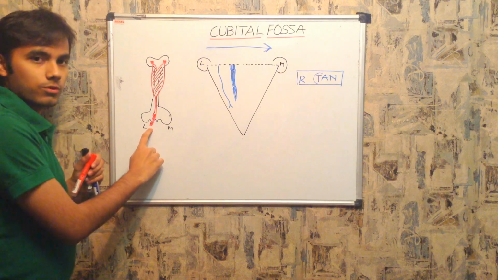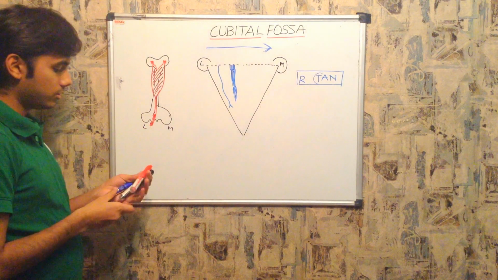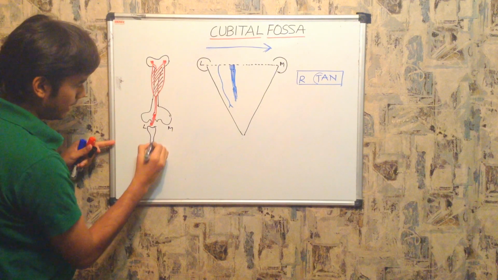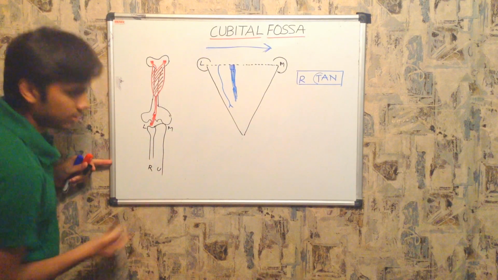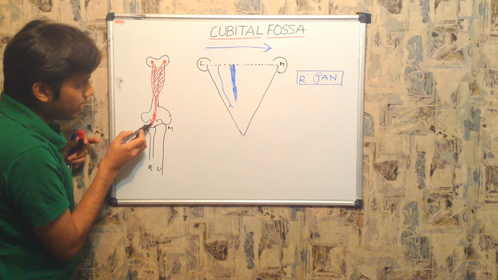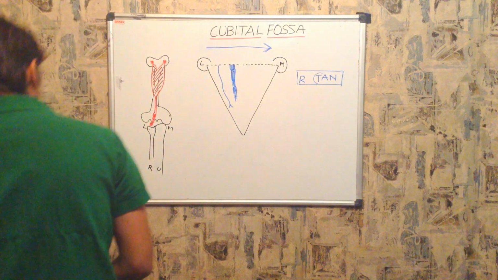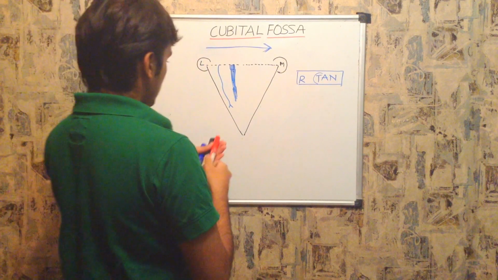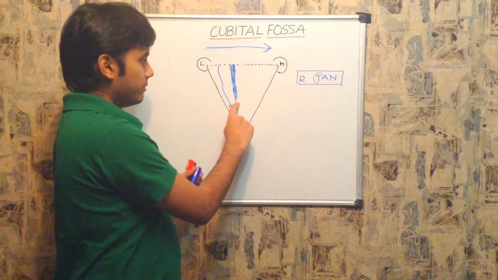Here you find the radius and here you find the ulna. On the radius there is a tuberosity called the radial tuberosity, and one end of the tendon of biceps brachii gets attached to it. So we come back to our concept.